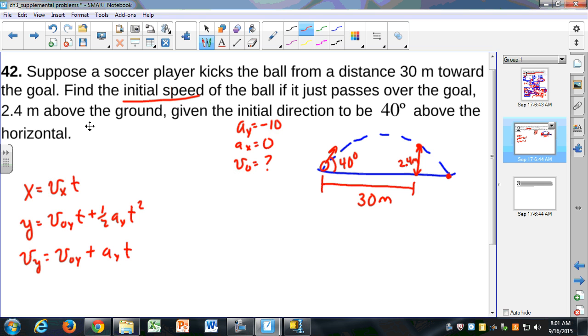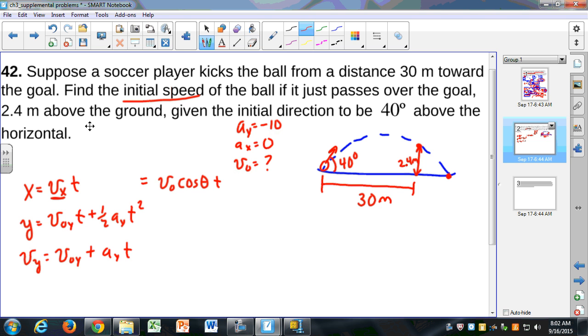Further, I can make this a little more complicated by saying that this is V naught cosine theta times t, right? I just plugged in the x component because I'm looking for this quantity and I know this quantity. I'm looking for V naught and I know what theta is.